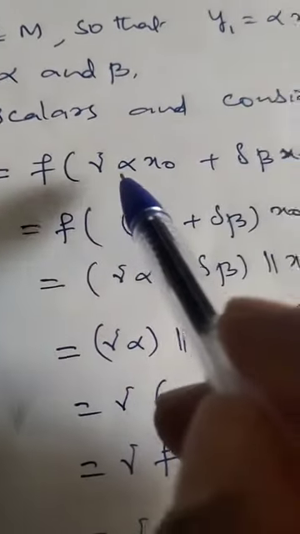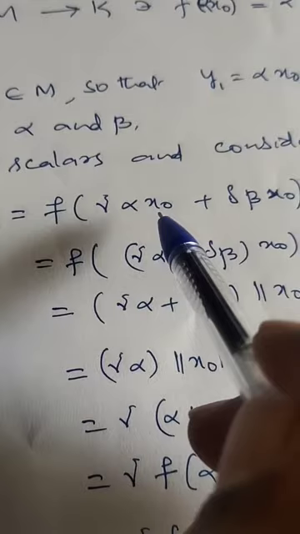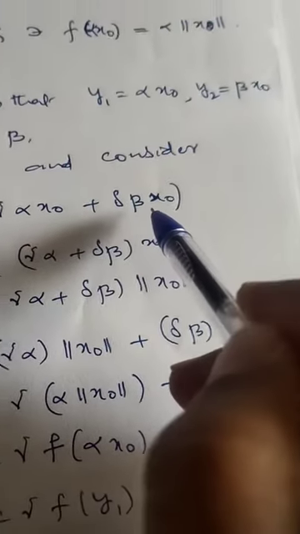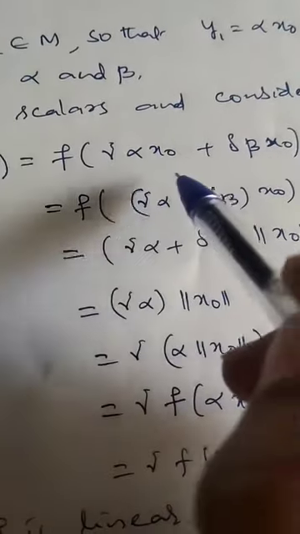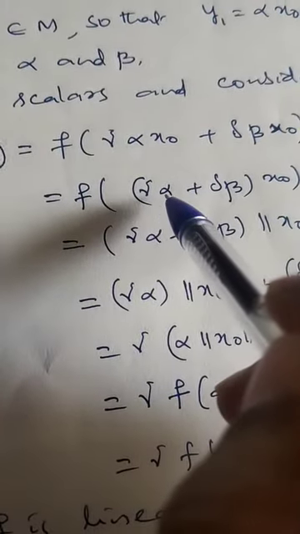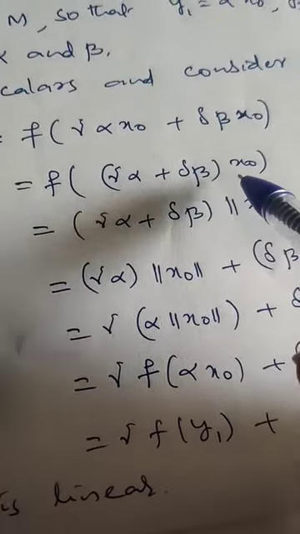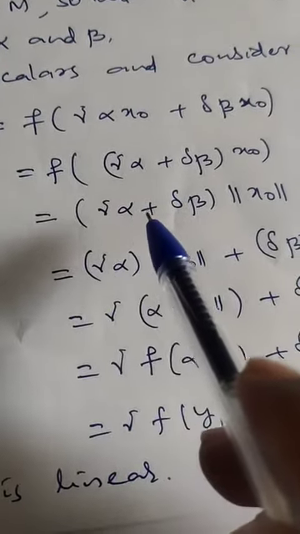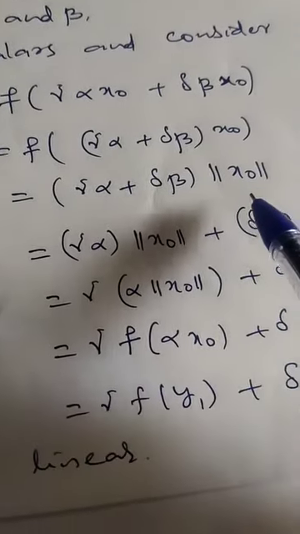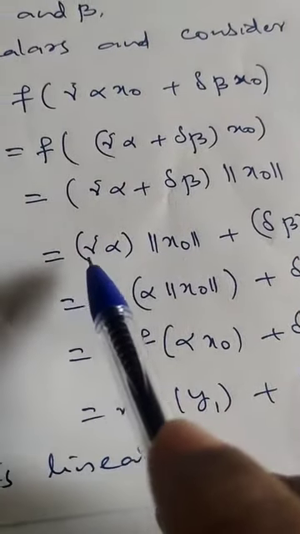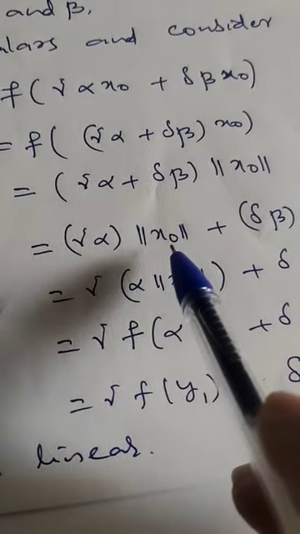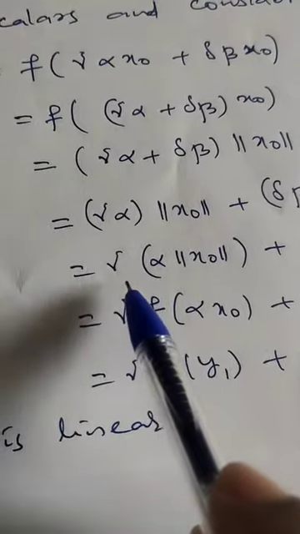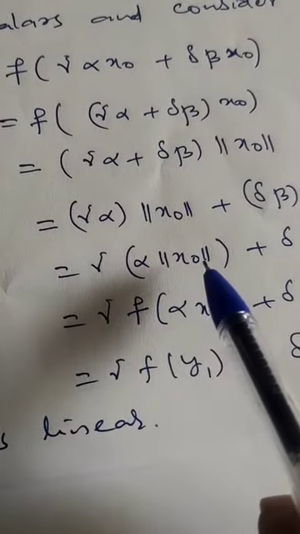This is equal to f of gamma times alpha x0 plus delta times beta x0, which equals f of (gamma alpha plus delta beta) x0. By definition of f, this is equal to (gamma alpha plus delta beta) times norm of x0, which is gamma alpha norm of x0 plus delta beta norm of x0.